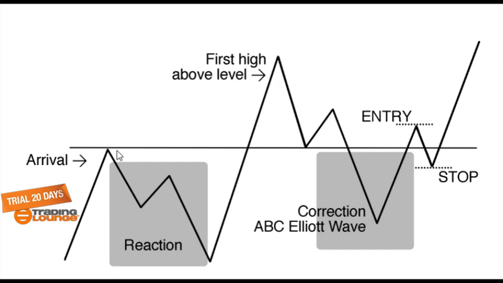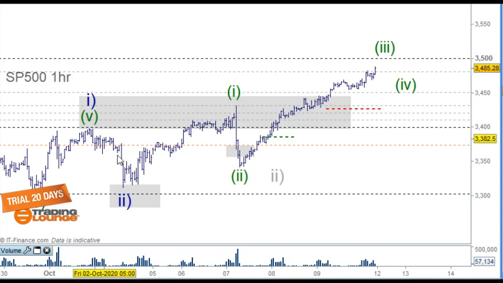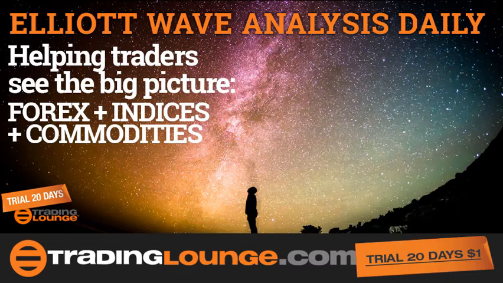Otherwise, normally we get out here and we get back in over here. And this is the number 5 level here, the 3500. 5 is the second strongest number in the market, so we should see some sort of correction at that point.